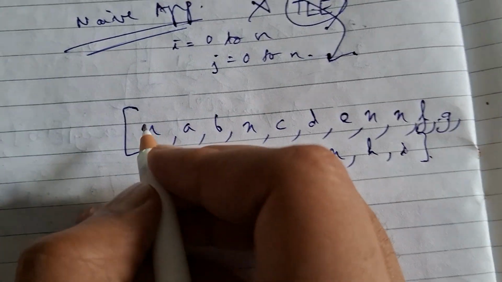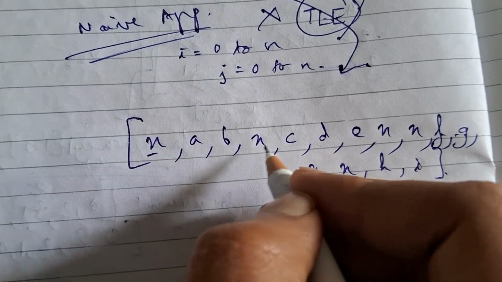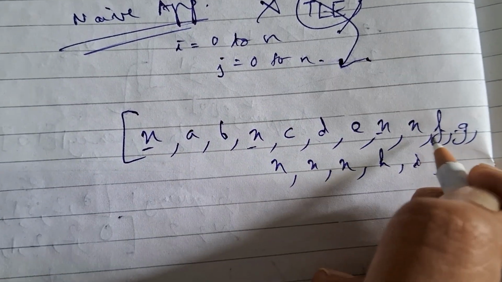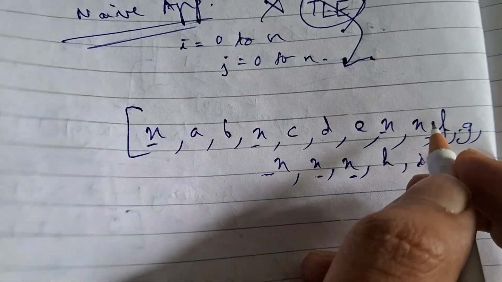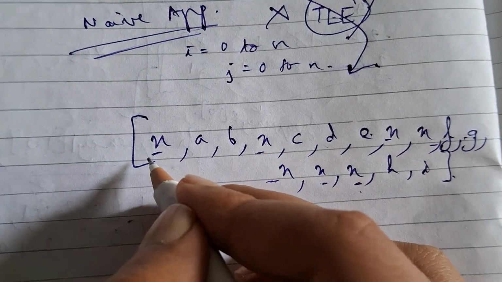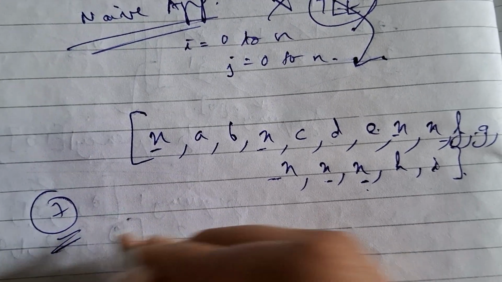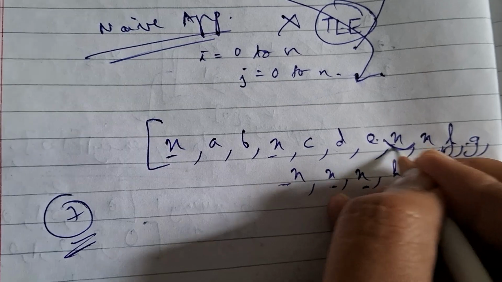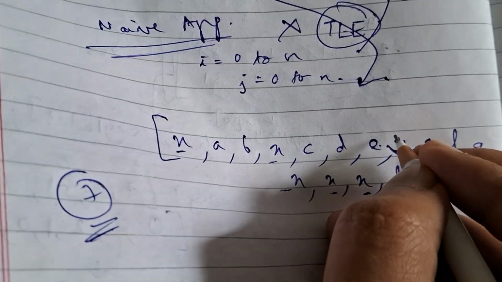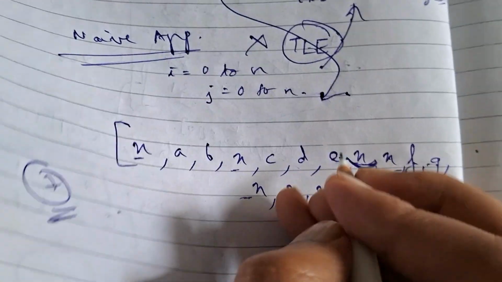So let's say this is the array, and x is repeated how many times? 1, 2, 3, 4, 5, 6, 7. So x is repeated 7 times, right? Now let us say we are going to check this position. What is the value of the answer, the output for this position?